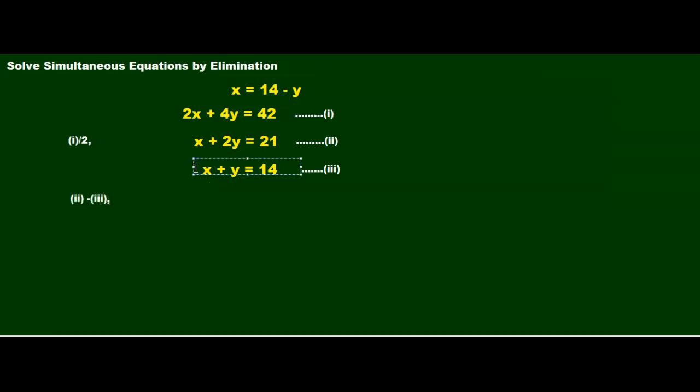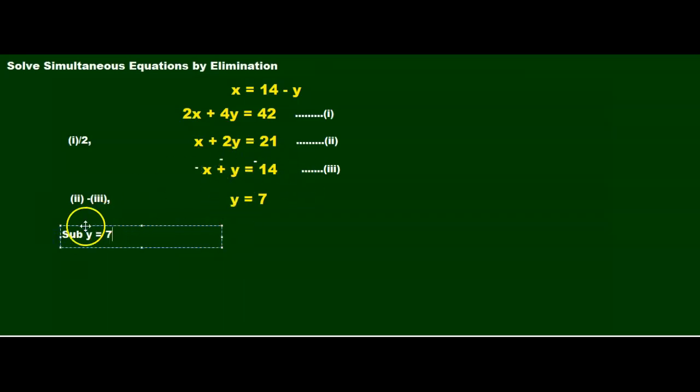So I'm going to say equation 2 minus equation 3. So I'm going to just put a little minus, minus, and minus there. So x minus x gives me 0. 2y minus y gives me 1y. And 21 minus 14 gives me 7. Then I can substitute y equals 7 into pretty much any of my equations.